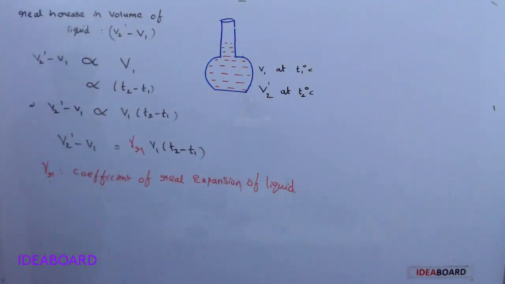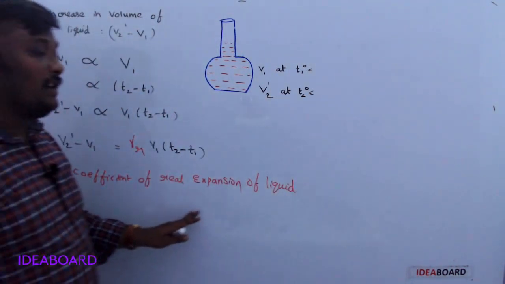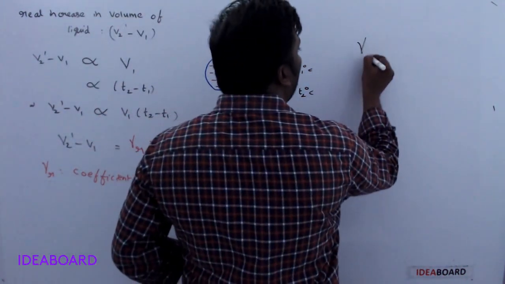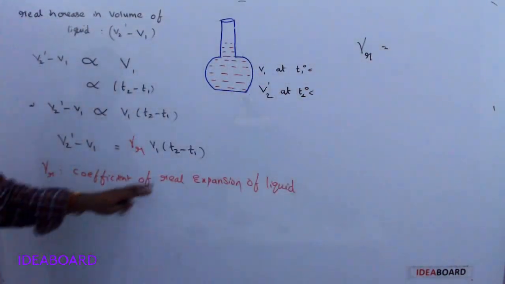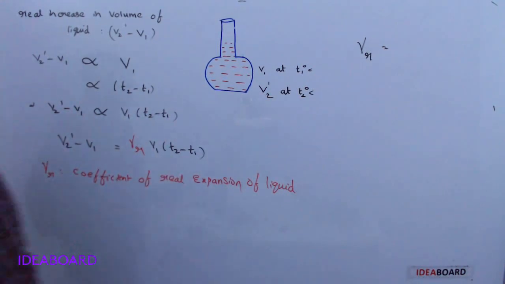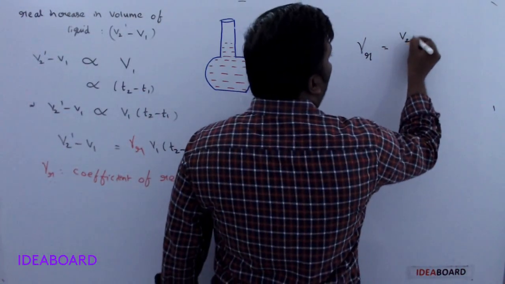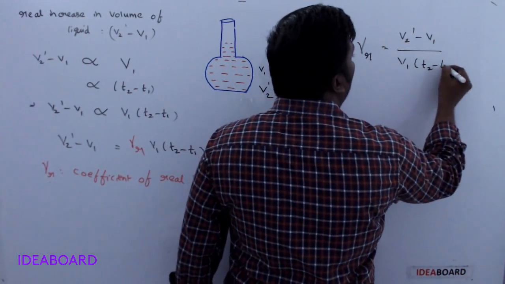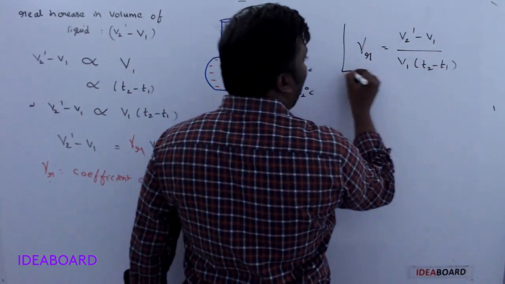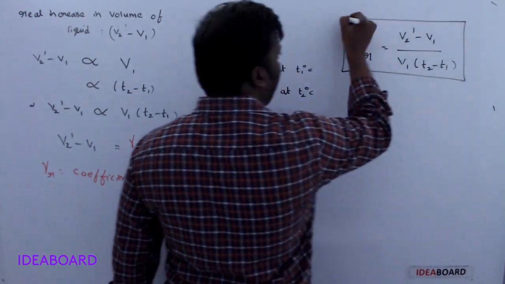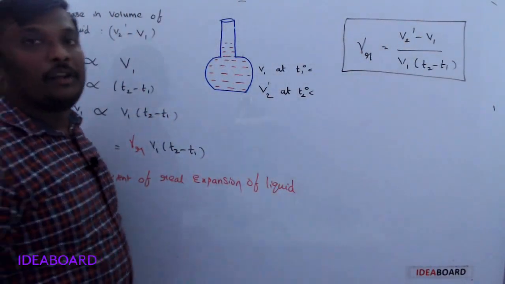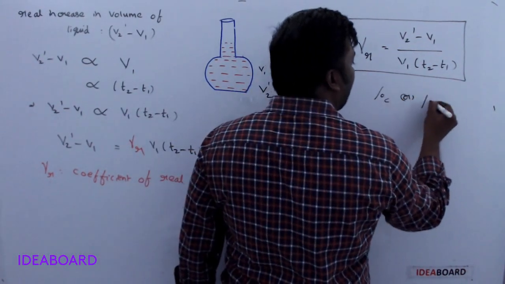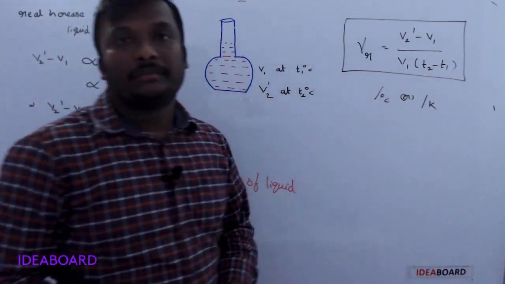What is gamma R? Gamma R is called the coefficient of real expansion of liquid. So what is the formula for gamma R? Gamma R is equal to, taking these two to this side, V2 dash minus V1 by V1 into T2 minus T1. Units are per degree Celsius or per Kelvin.